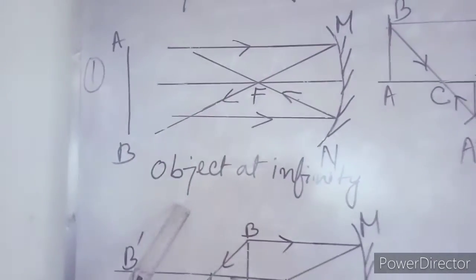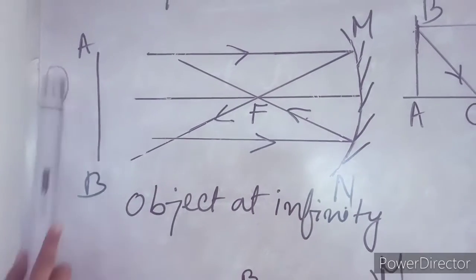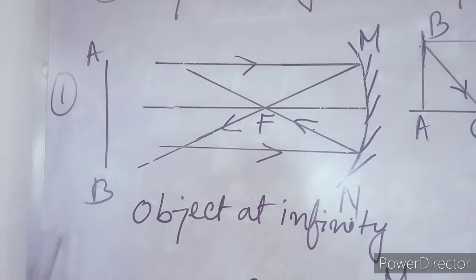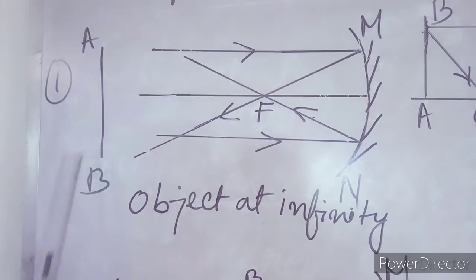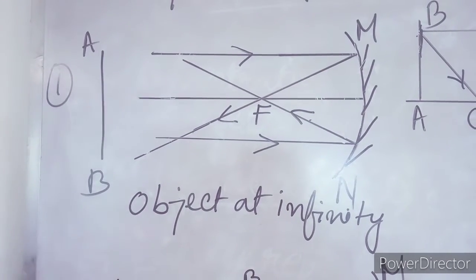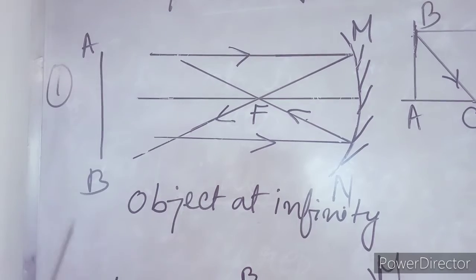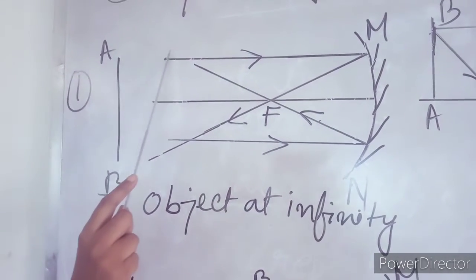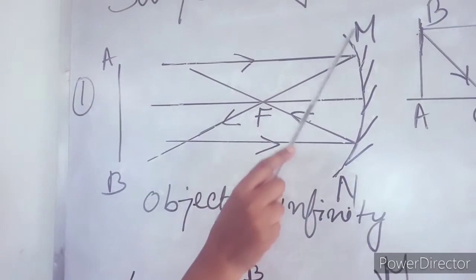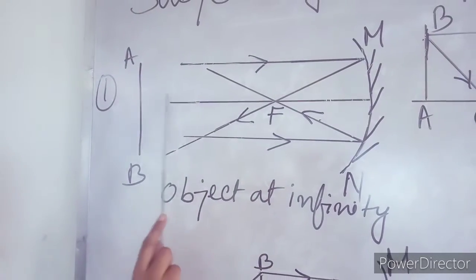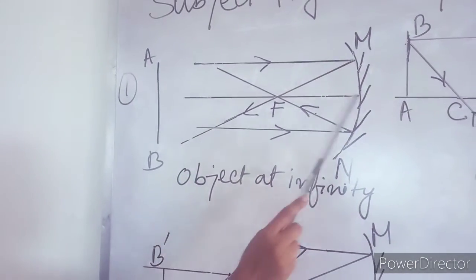In the first diagram the object is at infinity. Suppose this infinity I cannot draw, so this is the position I have taken as infinity. A light ray is coming from infinity parallel to the principal axis. This is the principal axis, all of you know.